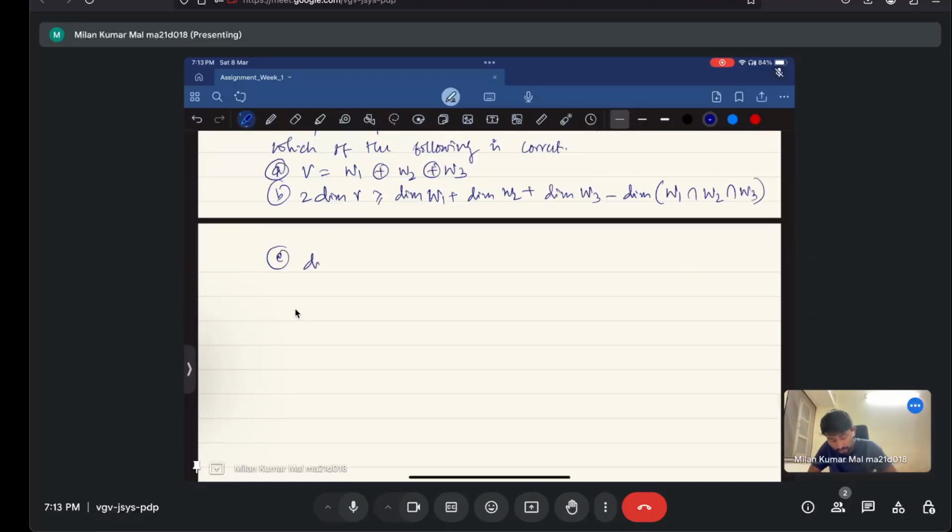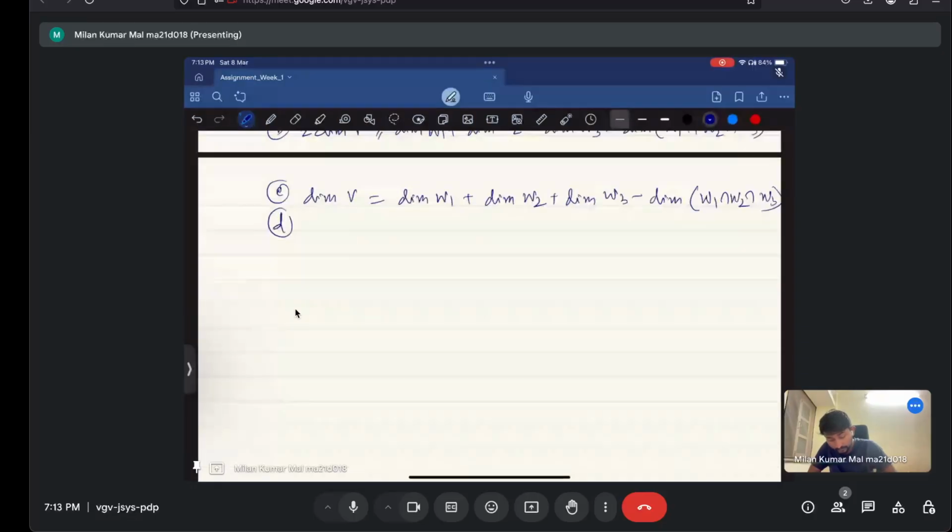Option C, dimension of V is equal to dimension of W1 plus dimension of W2 plus dimension of W3 minus dimension of W1 intersection W2 intersection W3. And the last option, V is equal to W1 direct sum W2 plus W3 if W1 intersection W2 is 0 and W2 intersection W3 is 0.